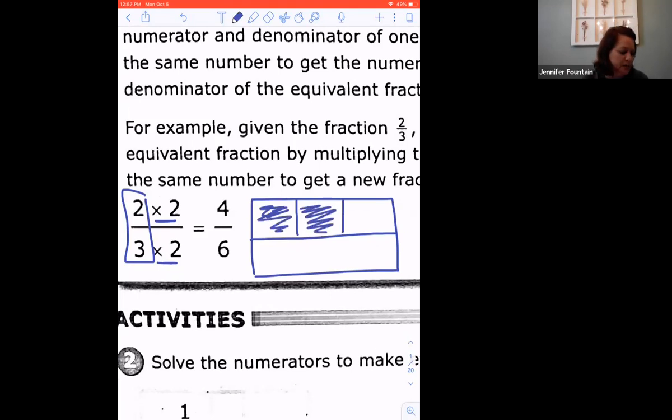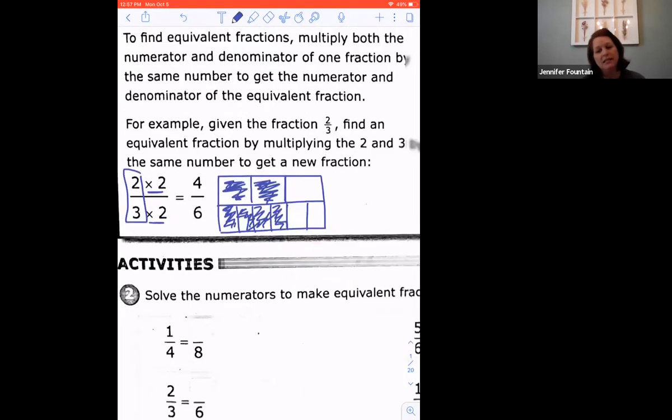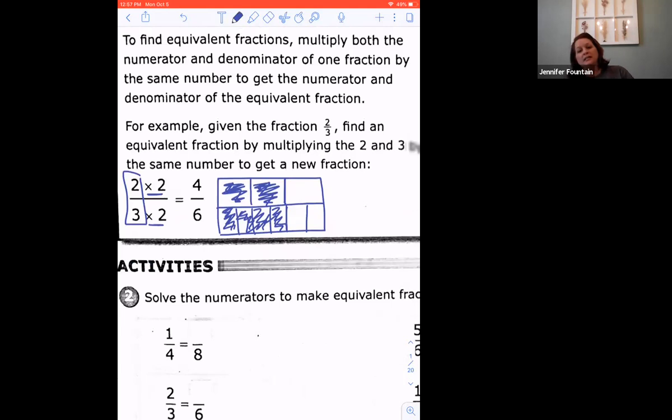But my bottom one is broken into sixths, and 4 of my sixths are shaded. You can see how those are equivalent, because the top would represent 2/3, but it's the same exact amount that would be shaded. That's what equivalent fractions mean. If I break it into that many parts, the number of parts is in my denominator and the number shaded is my numerator.